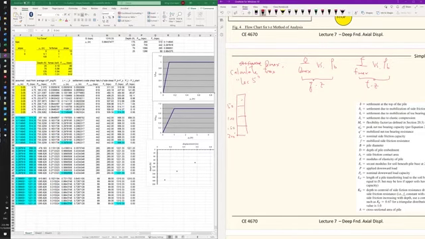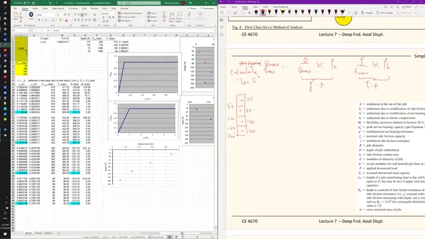The midpoint of the first segment is 25 feet, here is 75, this is 125, and this is 175. And we will need the TZ and QZ curves.